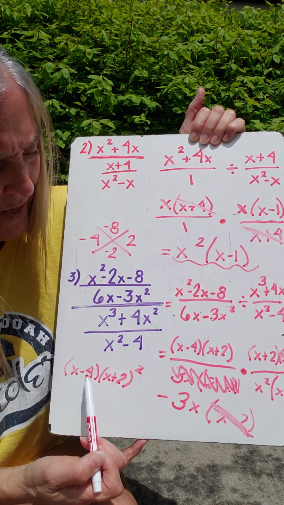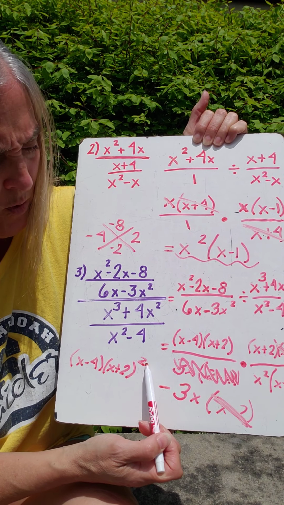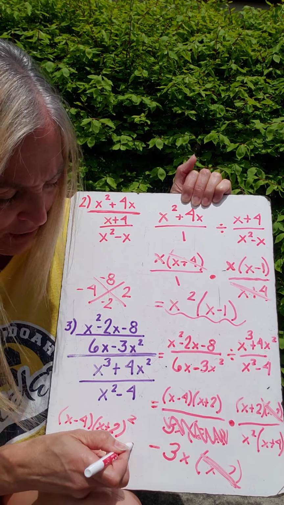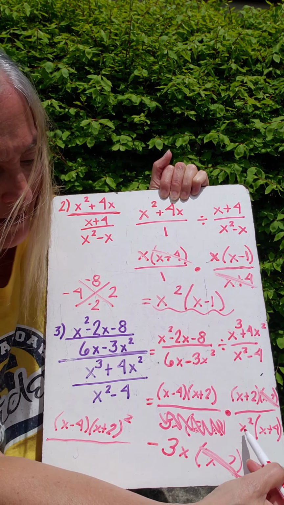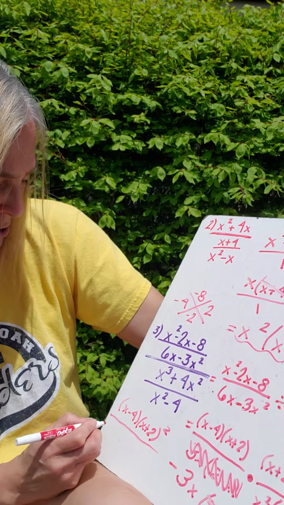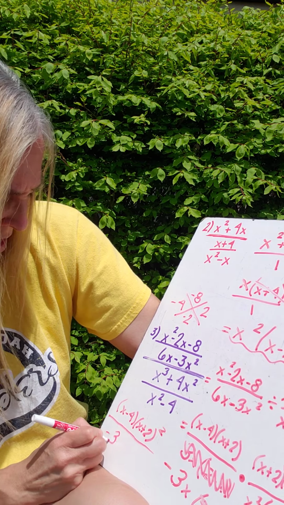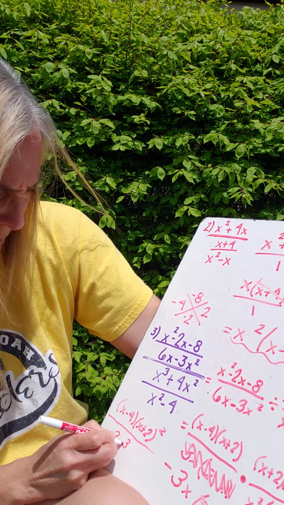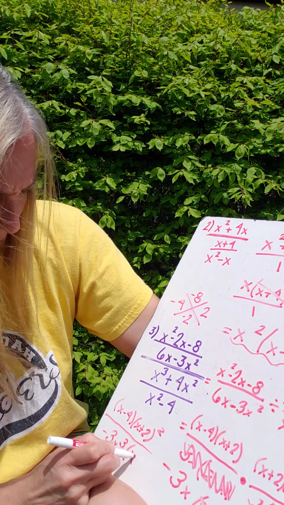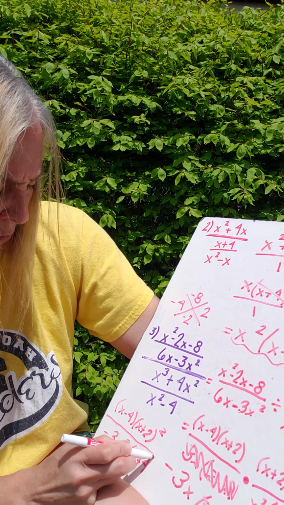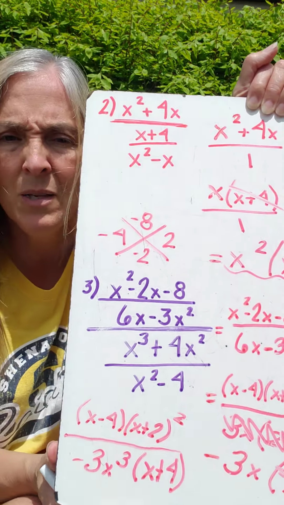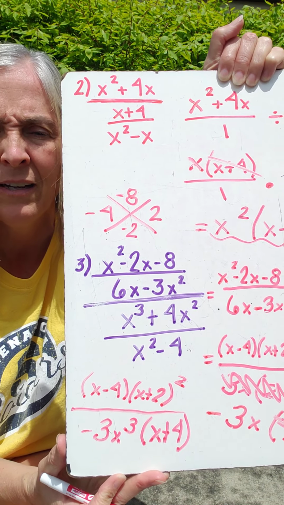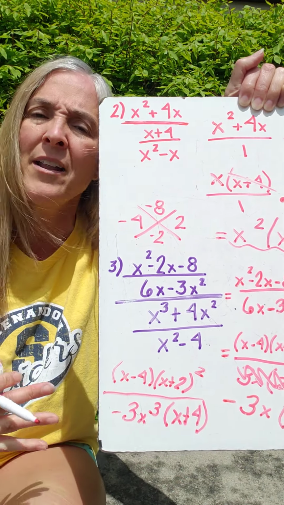So x minus 4, x plus 2, the quantity squared. All of that is being divided by a negative 3x, and I'm going to multiply that by x squared. So negative 3x cubed over x plus 4.